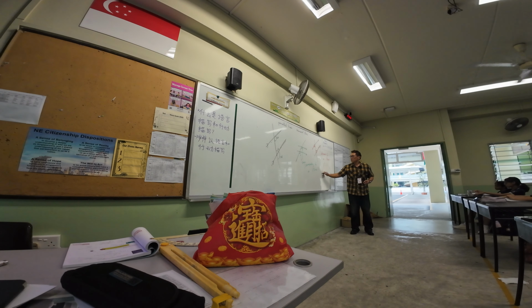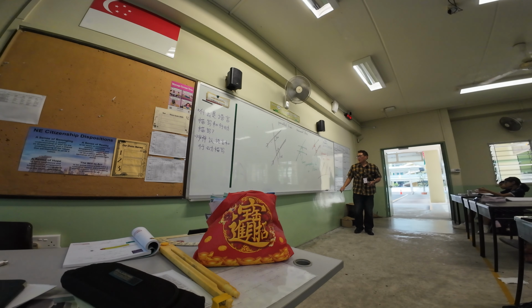So, the last one, two parallel lines, any line that cuts here, I look for a U shape. And the two internal angles will always add up to 180 degrees.